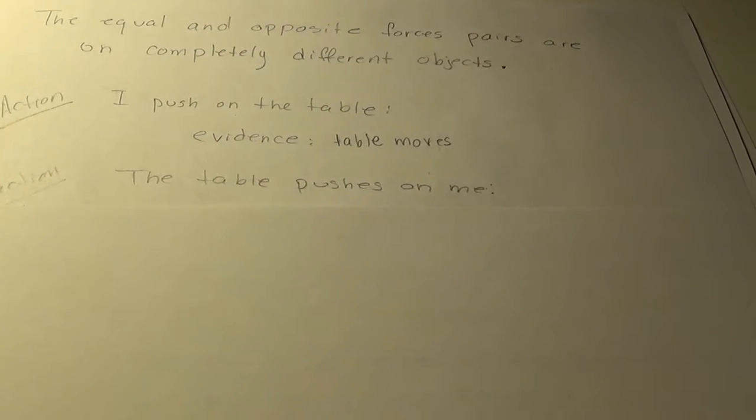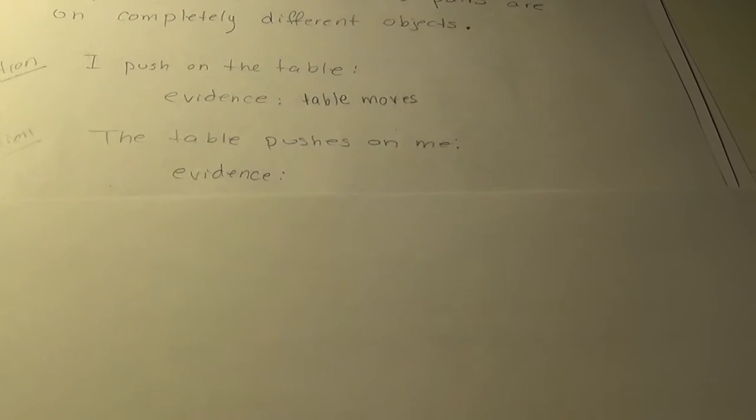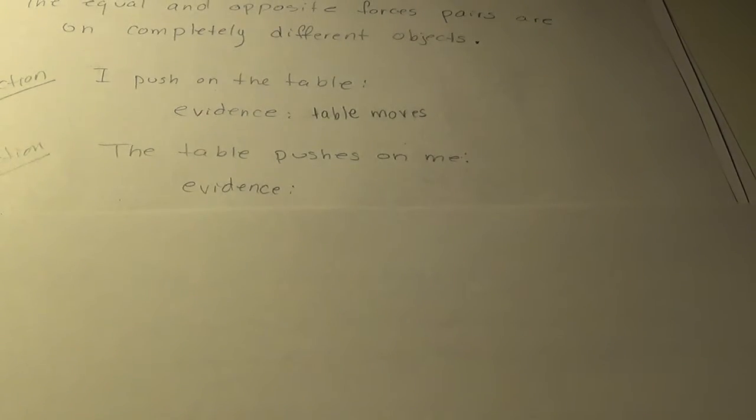So what evidence do we have that the table pushes on me? Well, let me push on my table here, and I will show you the evidence. Right there on my hand. Do you see that line? That is clear evidence that the table pushed on me.